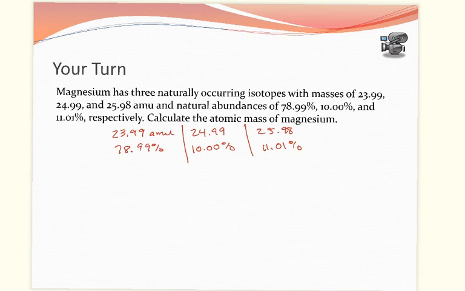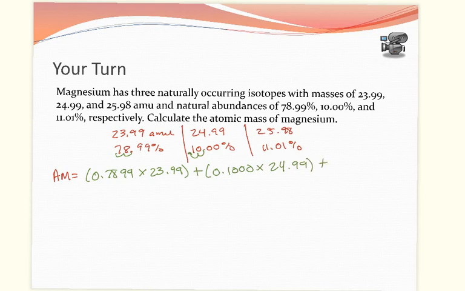Okay, so our atomic mass is going to be the fraction of isotope 1, which is 0.7899, times our mass of isotope 1 plus our fraction of isotope 2 times our mass of isotope 2 plus our fraction of isotope 3 times our mass of isotope 3.